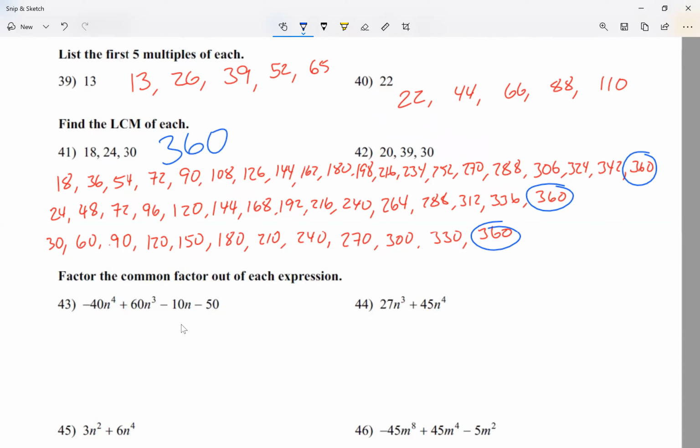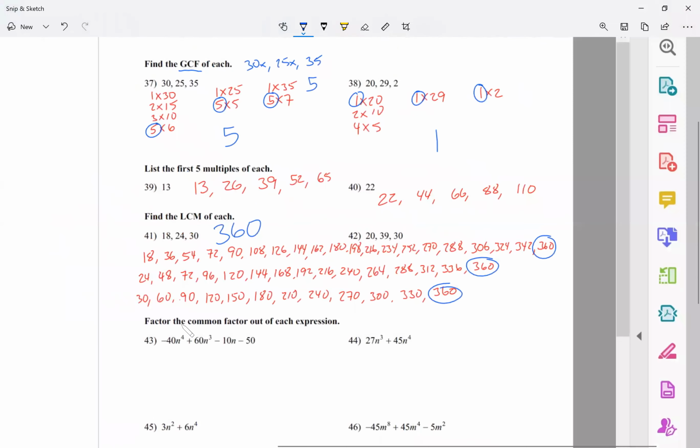Some of your lists have to be big. Okay, I think we get the idea for number 42. So I'm going to skip 42 right now because 41 took me a long time. But it has to be a common multiple. I'm looking for the smallest one.